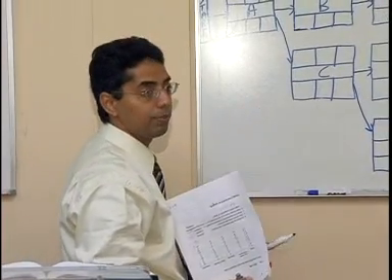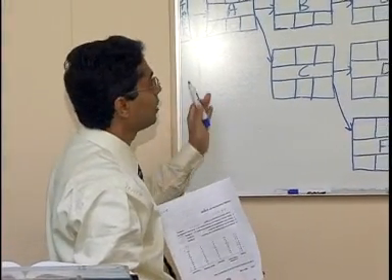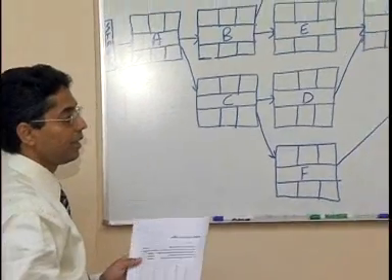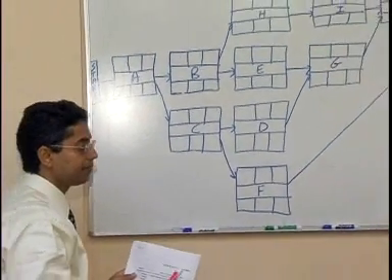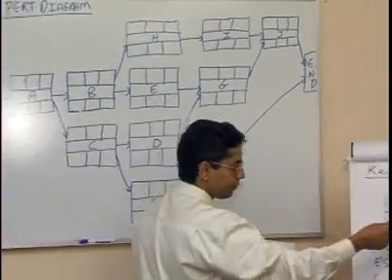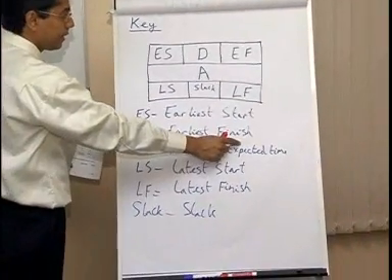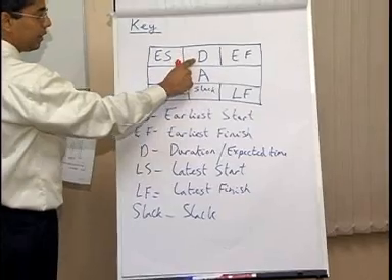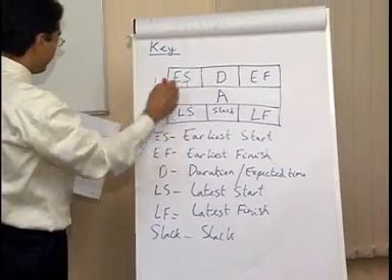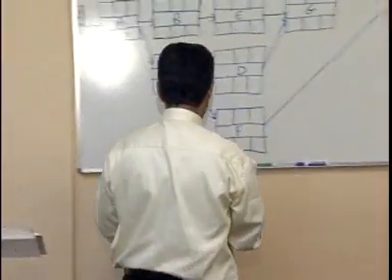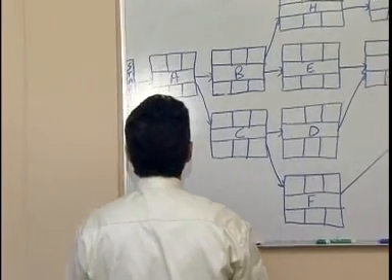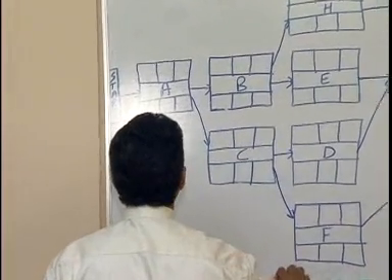After drawing your PERT diagram, it's now important to fill it in. Now the first thing we're going to fill in, based on our key, is your duration time or expected time. Okay. Now, what was your duration time for activity A?